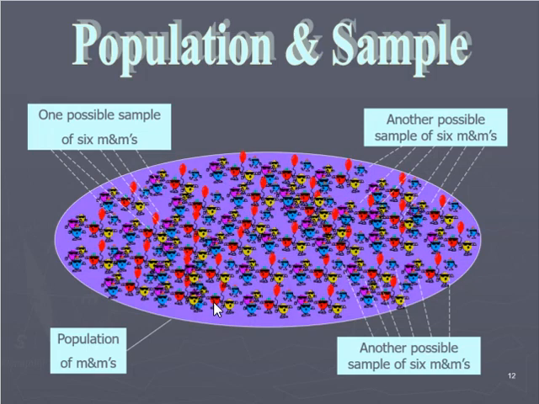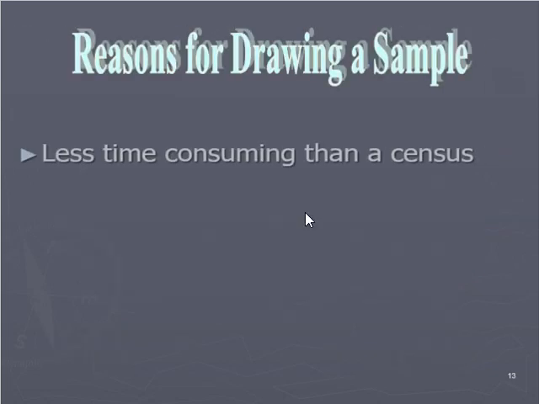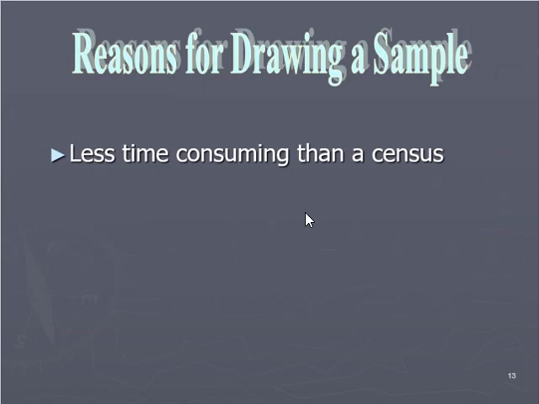Why do you need to draw a sample? Ganito po kasi yan. It's less time consuming than a census. Ano po yung census? Census is when you measure or you get the data from all the members of the population. Under sampling, you don't have to do that. You just measure the data coming from the sample.